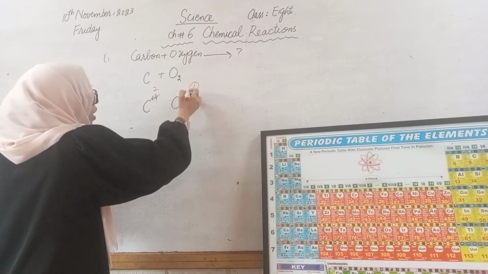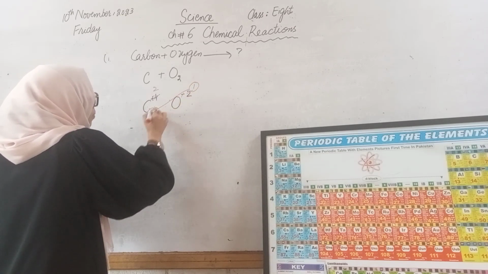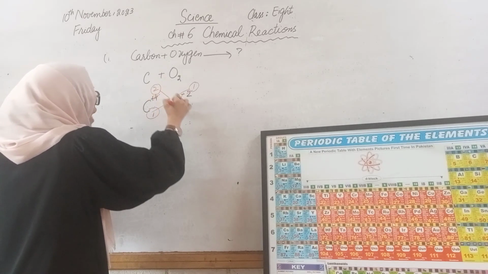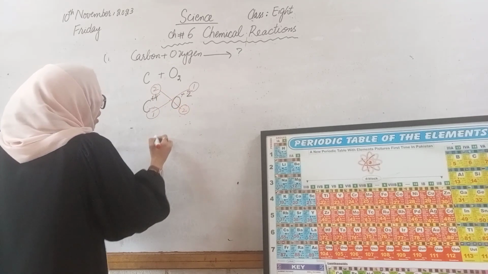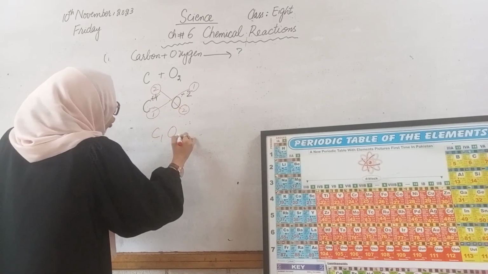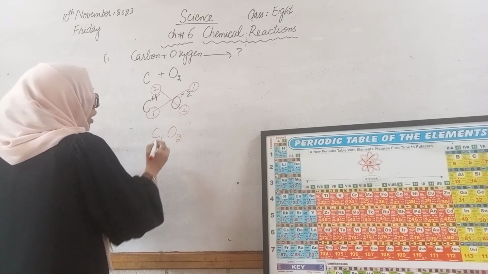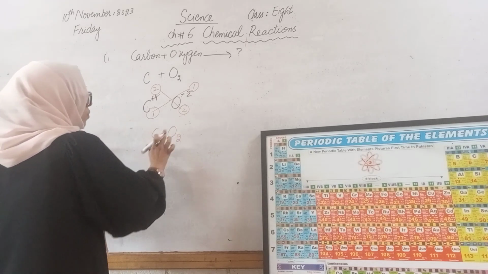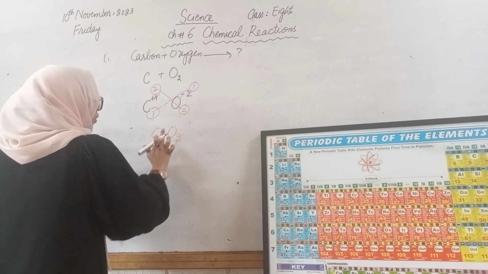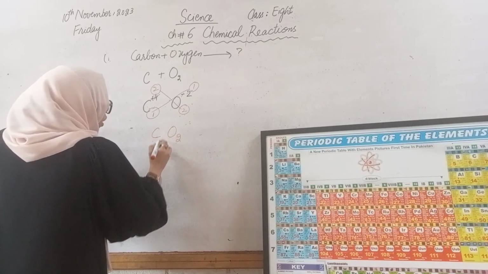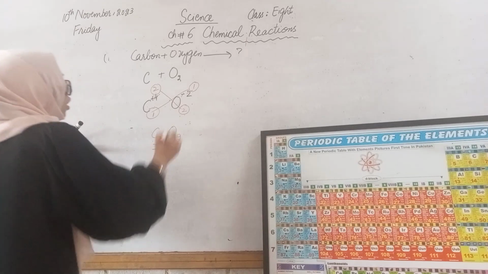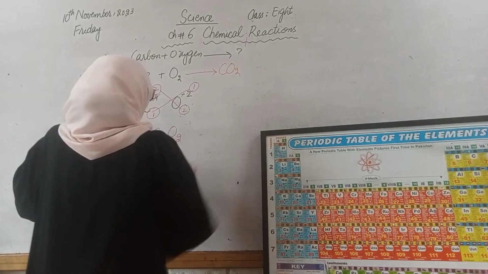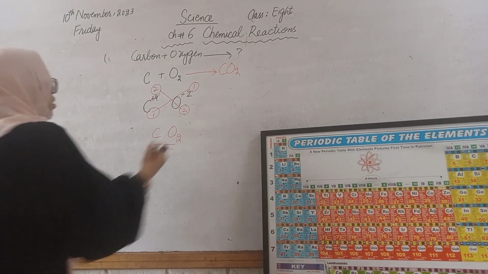One will be moved towards the bottom of the next one, and 2 will be moved towards the bottom of the next. C1O2, and you know that we do not write 1 in the digit form, so we will just remove that 1 and we have got CO2. So our final result is CO2 and its name is carbon dioxide.